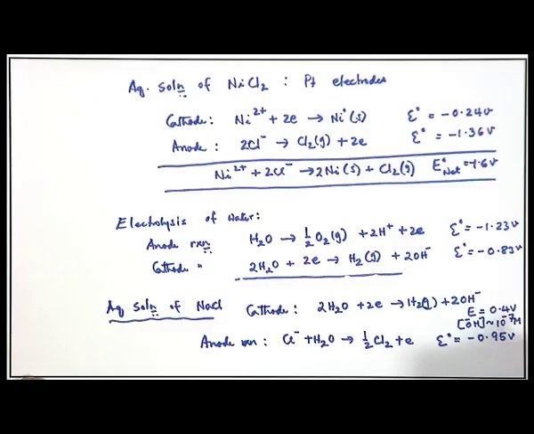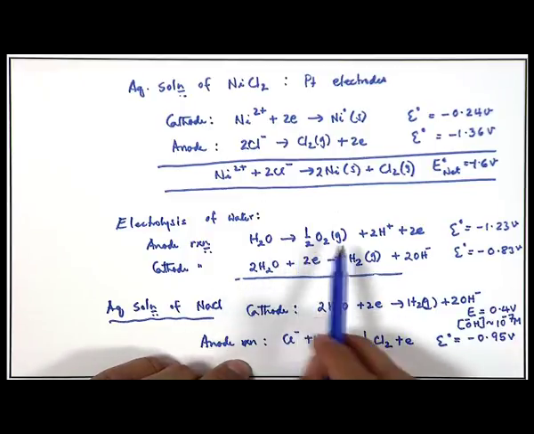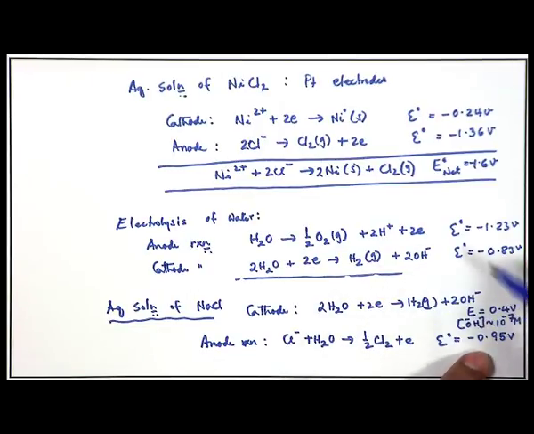So, you have a competition over here. This is one anode reaction, and there could be another anode reaction. In this case you see that it is less negative than the other one, so this reaction is expected to be favored over that one.